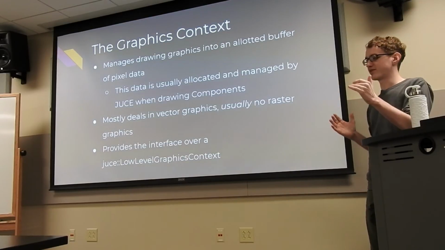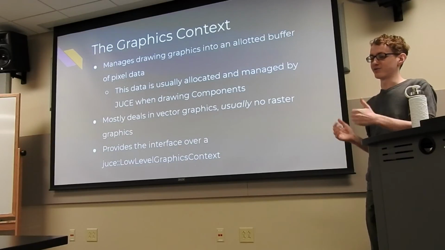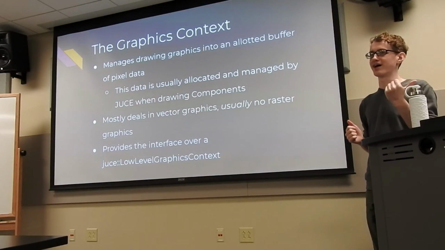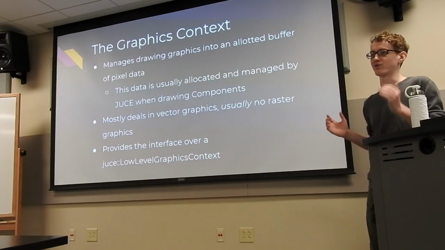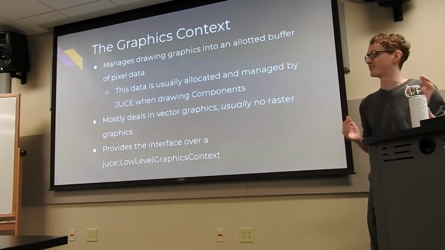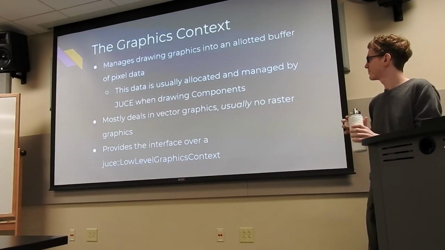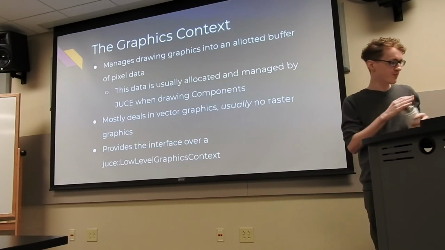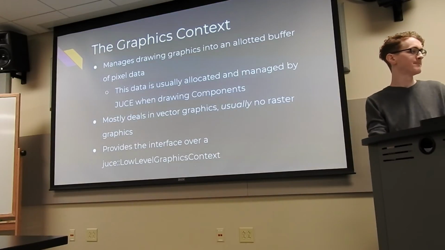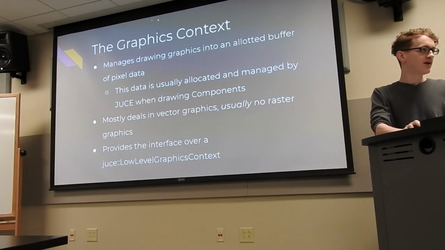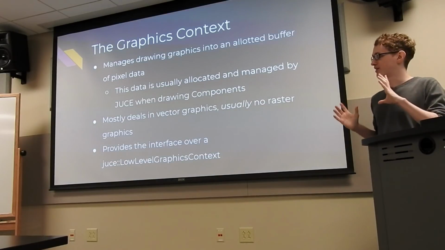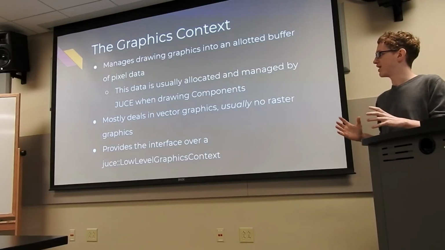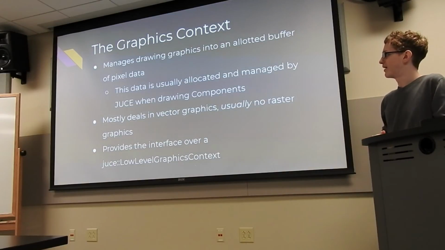So if I say draw a 500 by 500 square, that means something different on my laptop versus any of these iMacs, where the pixel density is 2 or 4 times larger. So the graphics class basically handles interfacing with all of that.